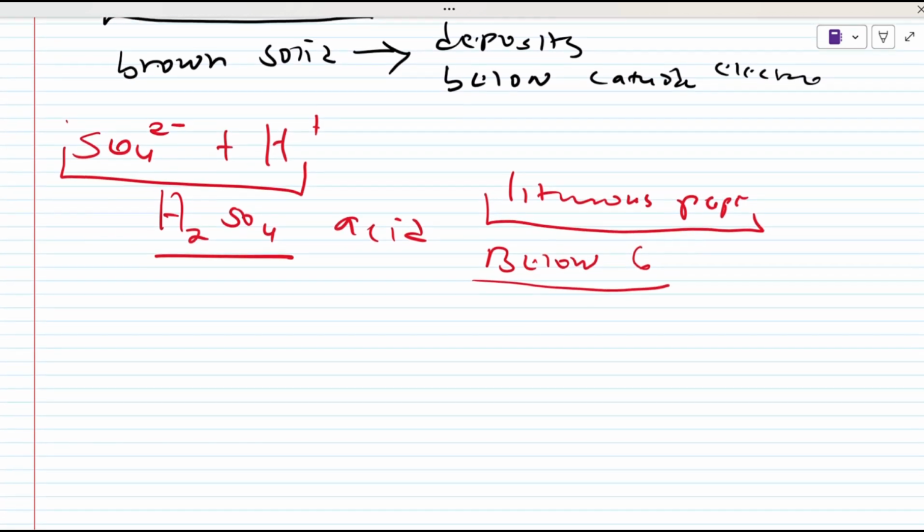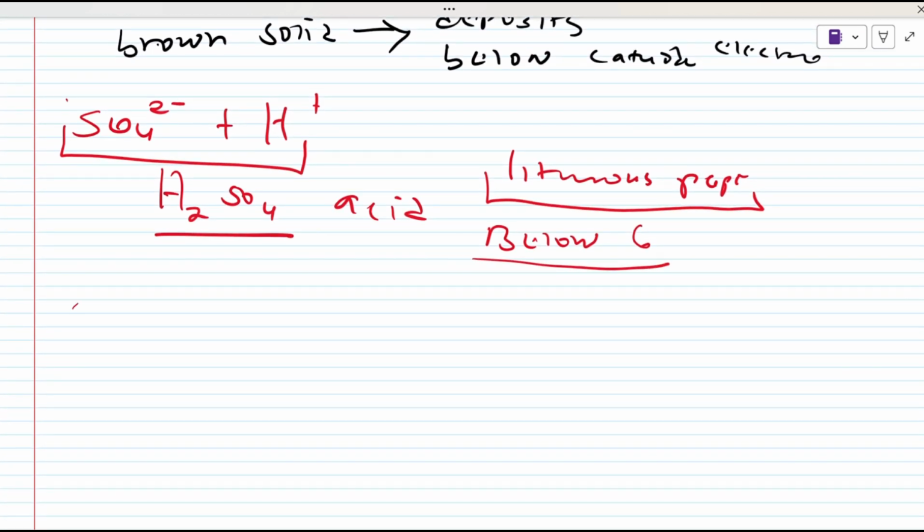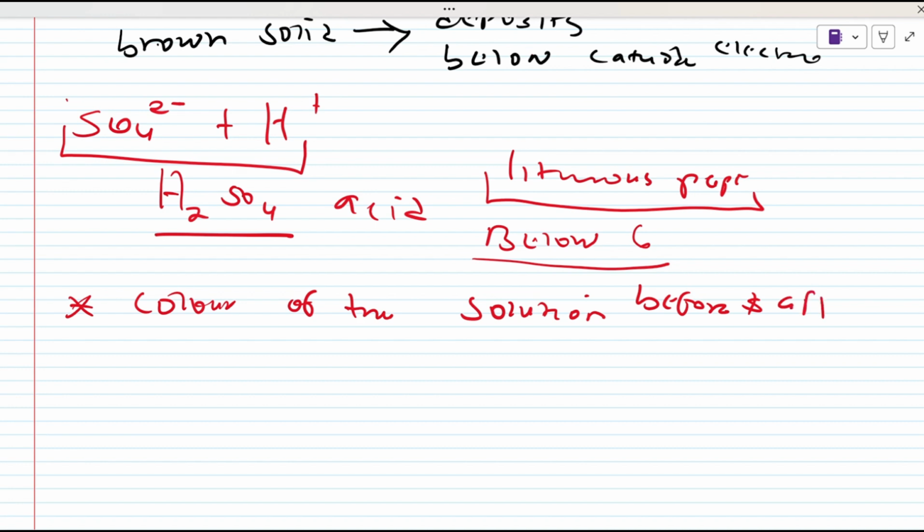The next thing that I want to justify is based on the color of the solution before and after electrolysis.